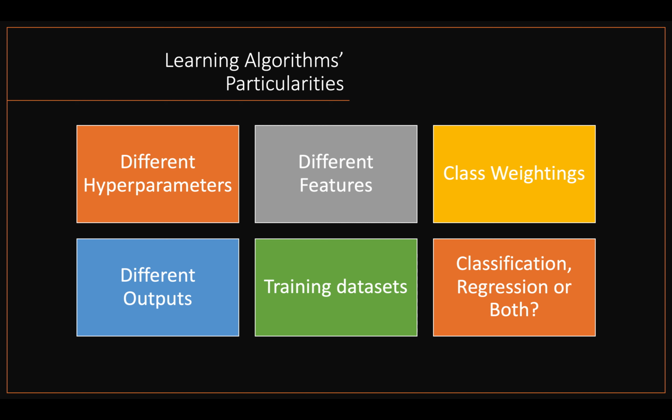And another difference, which is the final one that I'm going to say here, is that some algorithms like decision tree, SVM, KNN could be used both for classification and regression, while others can only solve one type of problem. It is either classification or regression, but not both.